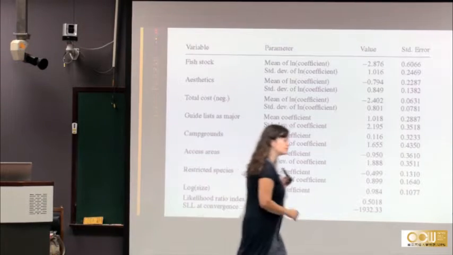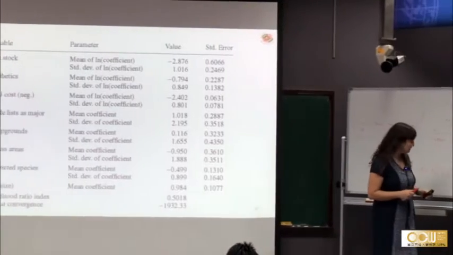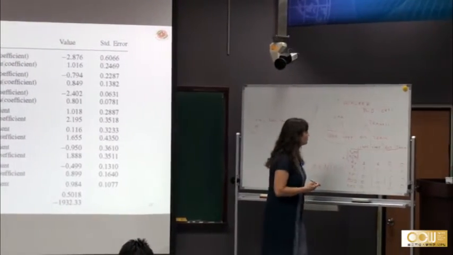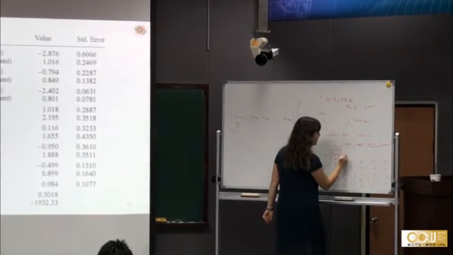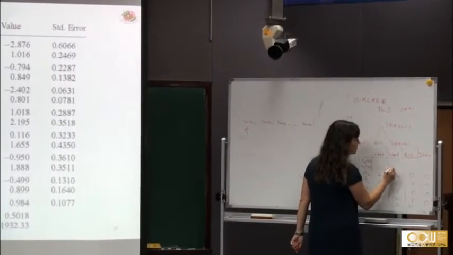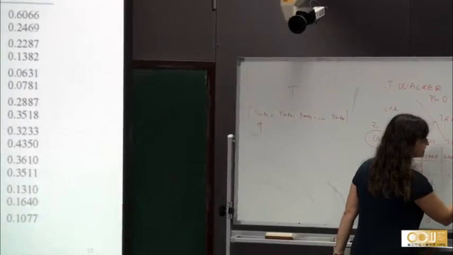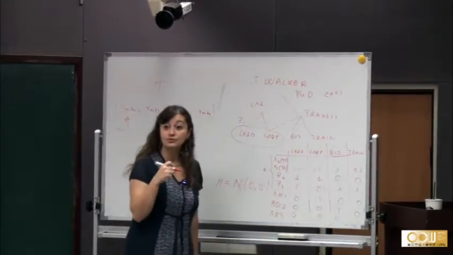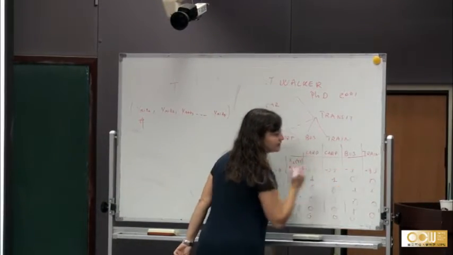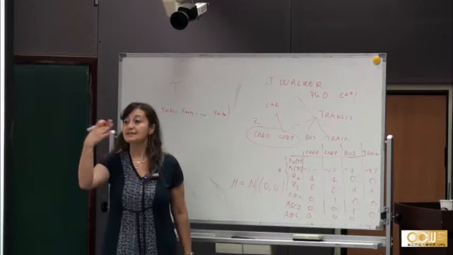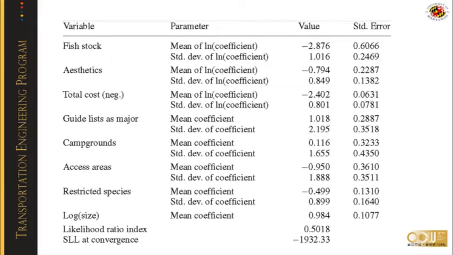If you use NLOGIT software, and also if you use our software, which is called AMLET, what you need to do is suppose that this is travel cost, and suppose that this was $5, this $2.50, this $3, and this $3.50. What you do is that in the database, you have this negative. And then you say this is a log normal, and that is what is giving you a negative value.